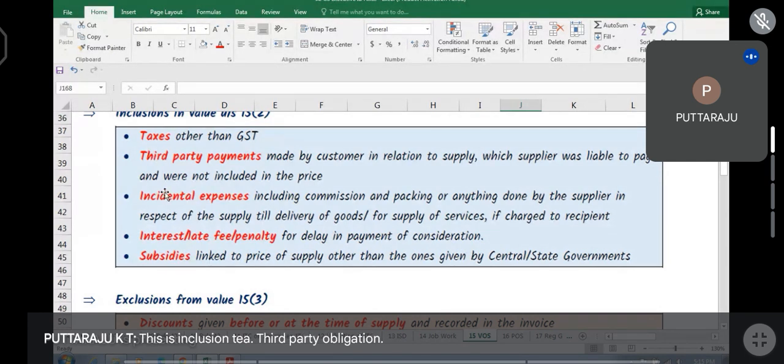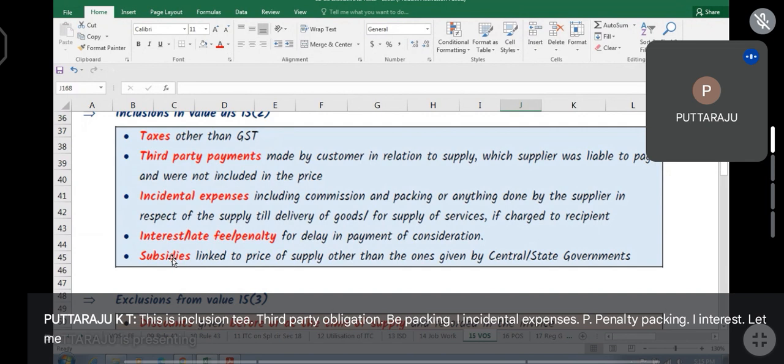P: Packing. I: Incidental expenses. P: Penalty. I: Interest, late fee. S: Subsidies other than government subsidies.